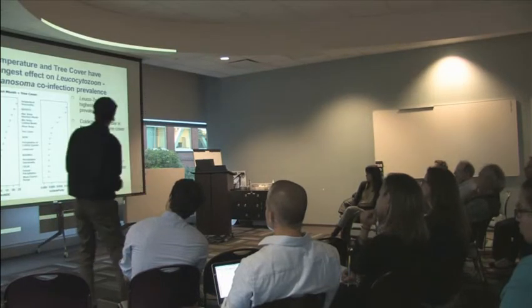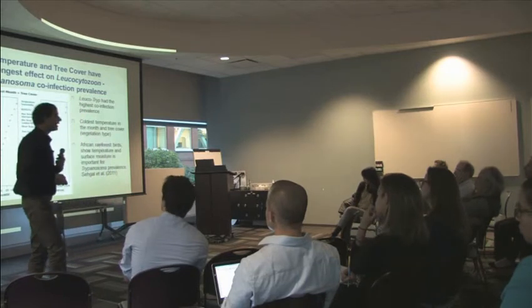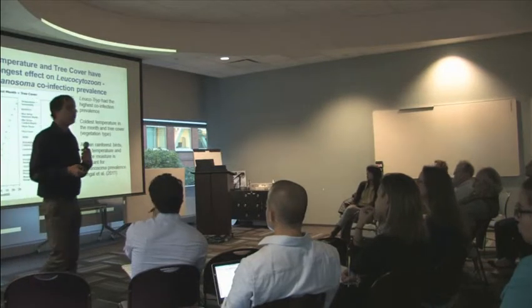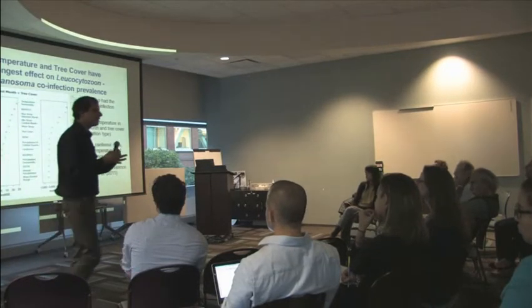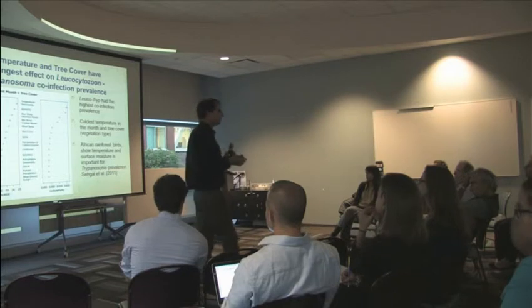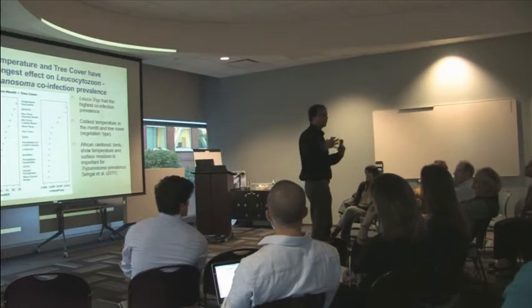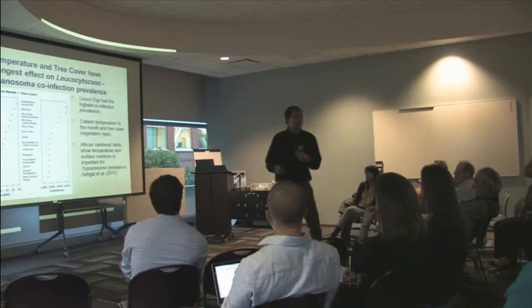We have also some co-infection data. We think that Leucocytozoon, that one parasite, and trypanosomes, we have a lot of co-infected birds. This is something else that's kind of interesting that I think human malaria scientists should study more, the interactions among different pathogens. What is that going to do?